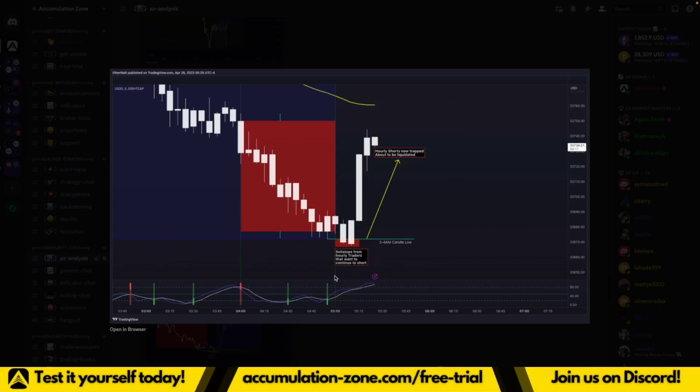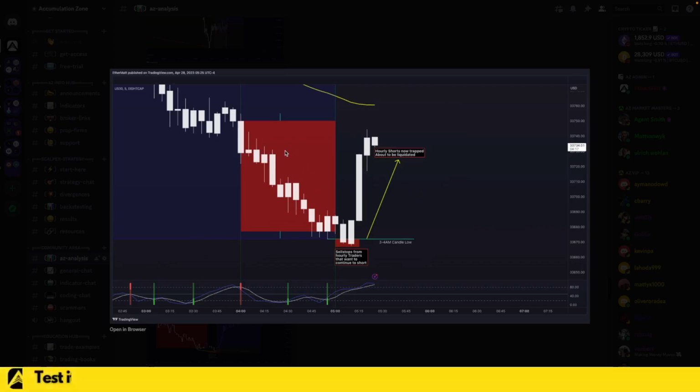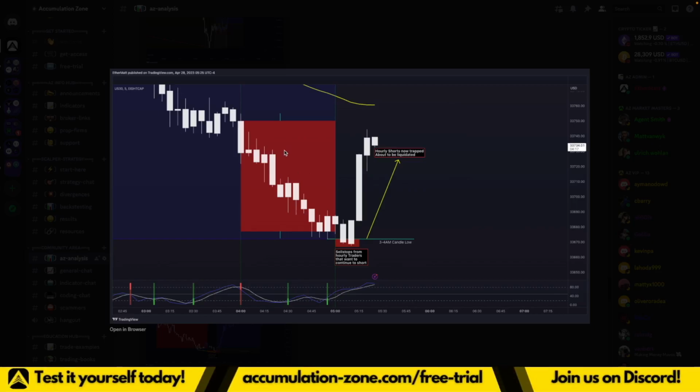Right after this next hour opened up, they faked out price below this low, triggering sell stops and breakout traders from that higher time frame into a short position, because before that candle, we had already had 3 hourly bearish candlesticks.